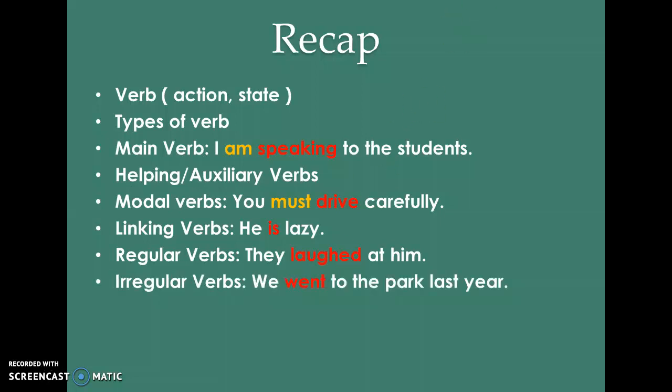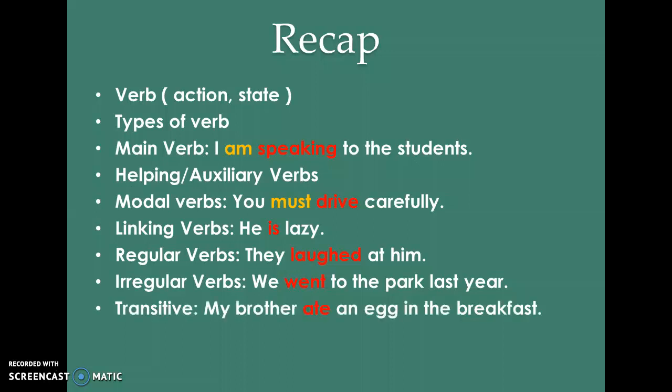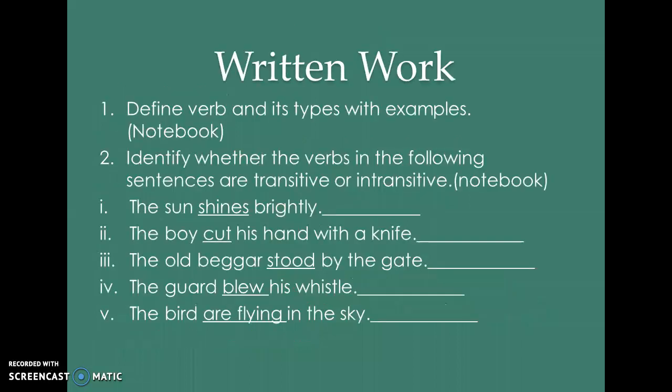Irregular verbs are those forms of verbs which do not take d or ed to make their second and third form. Like went is an irregular form of the verb. Now transitive verbs, we discussed that transitive verbs are those verbs which take a direct object in the sentence, and intransitive verbs are those which do not take a direct object in the sentence and they cannot be changed into passive voice.